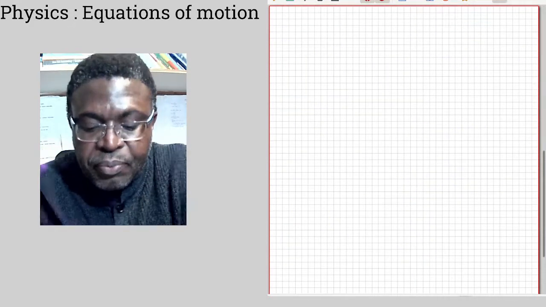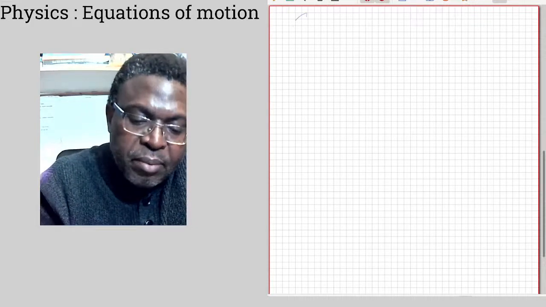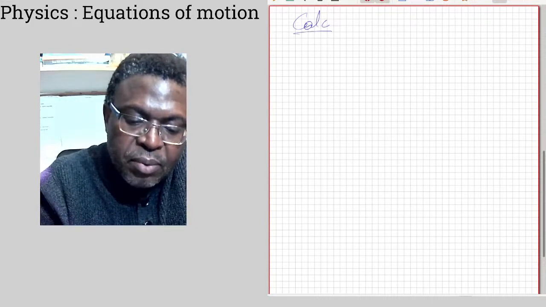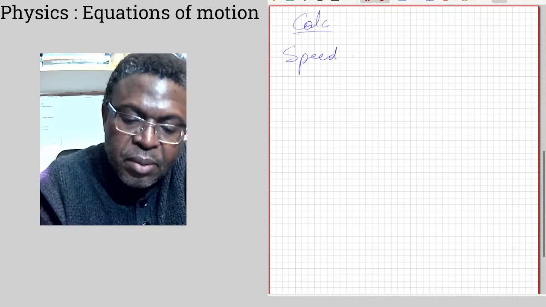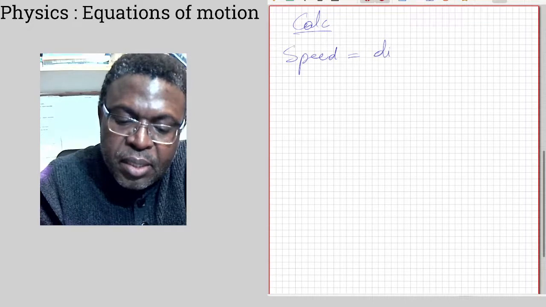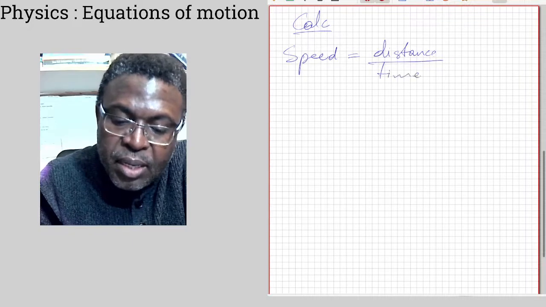So now, how do we calculate a speed? We're doing calculations now, right? A speed is equal to distance covered, of course, over time taken.